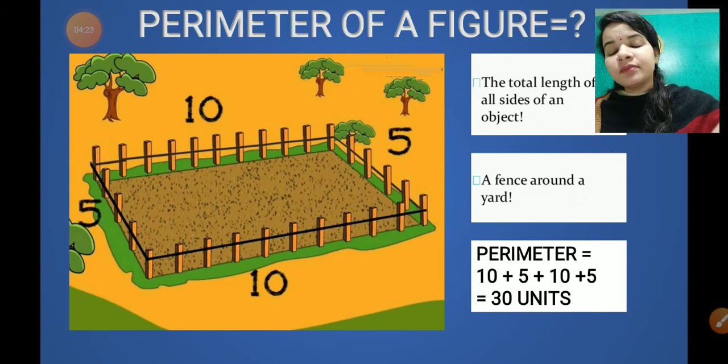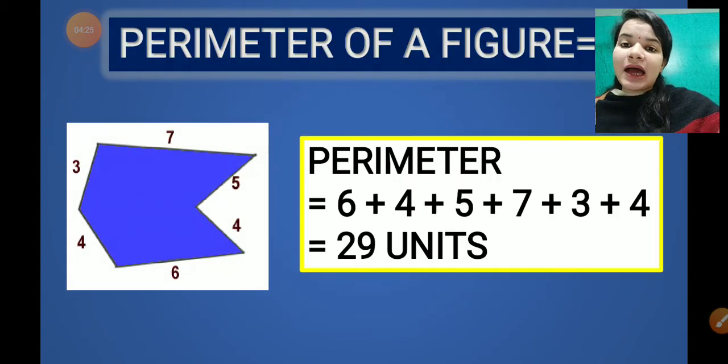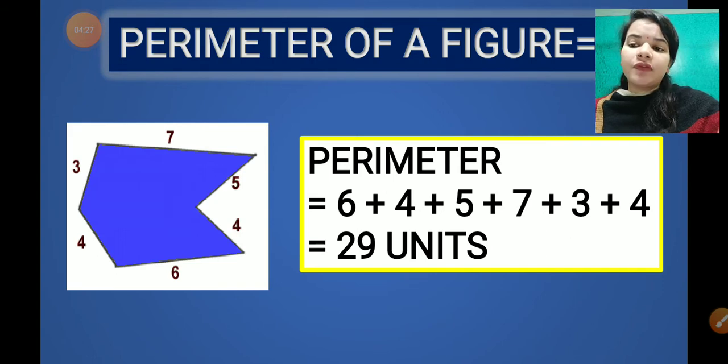Clear? Now moving further, if you have to find out the perimeter of any irregular figure, then you will use the same formula, sum of all sides. Just simply add all the sides, as in this case for this figure, you will get the perimeter as 29. So by adding all the sides, you can simply get the perimeter.